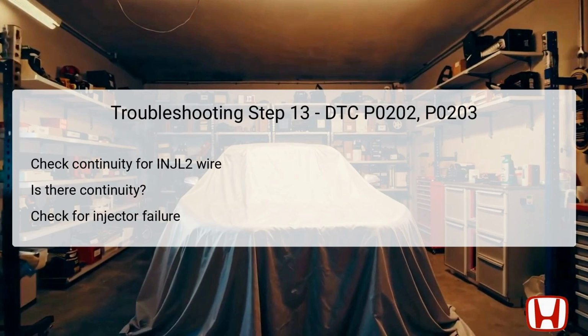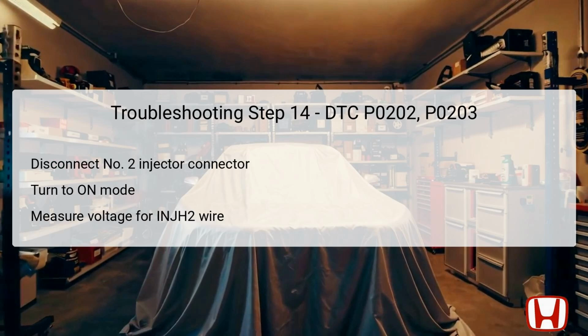But any loss would require investigation for potential problems along that wire's route. If both INJH2 and INJL2 signals return healthy tests, it indicates a failure in the number 2 injector, demanding replacement of all injectors as a complete solution for reliability.